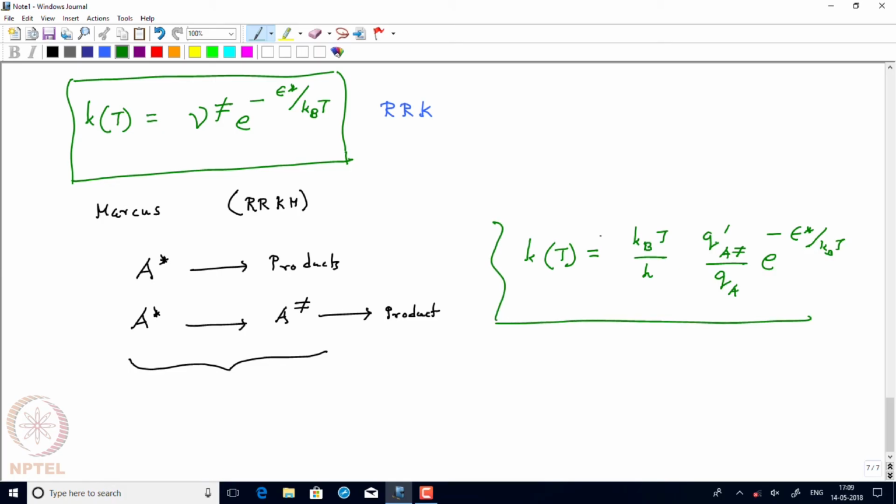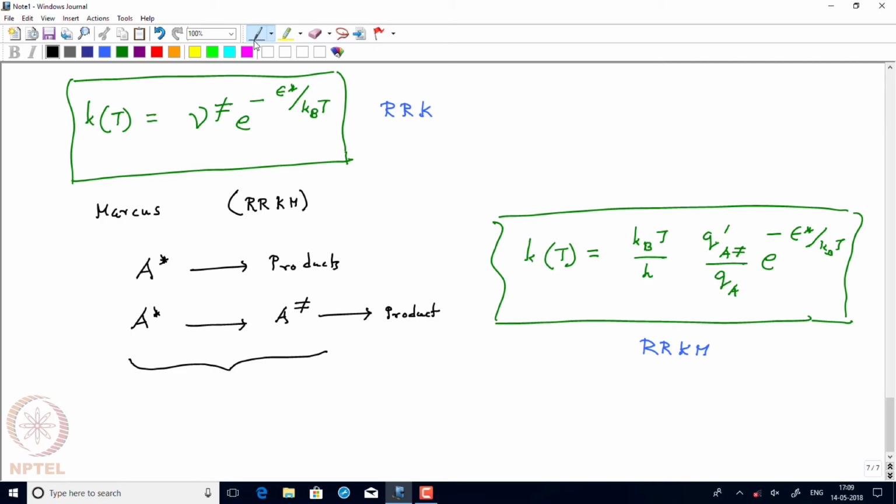So that's the RRKM rate constant. And now you see the striking similarity with the bimolecular rate constant of the transition state theory, where we have QA into QB because that was bimolecular. This is unimolecular, that's why you have only one species QA, and otherwise it's exactly the same thing.